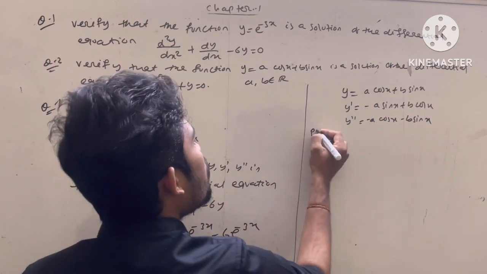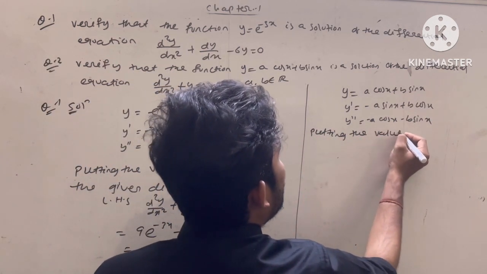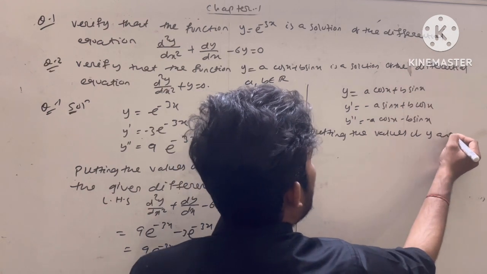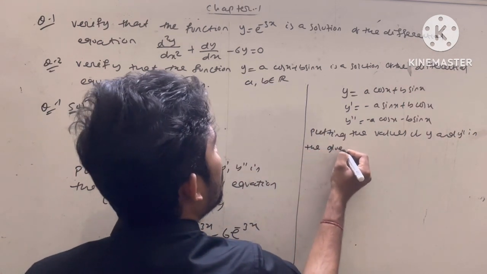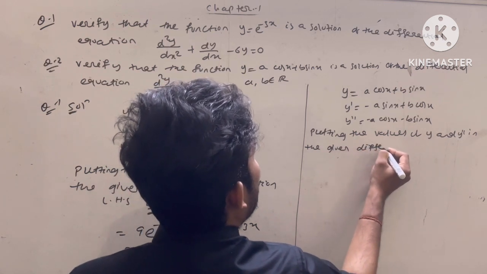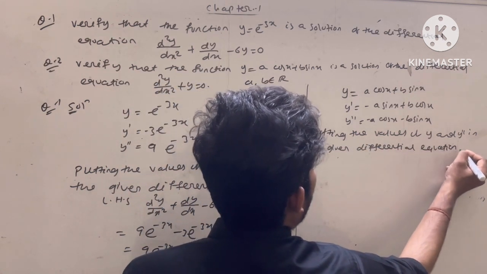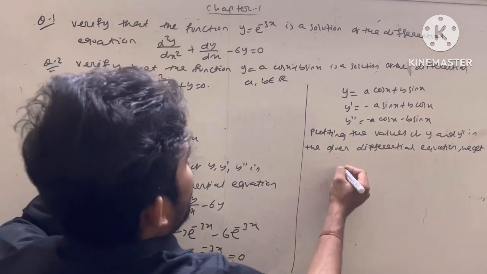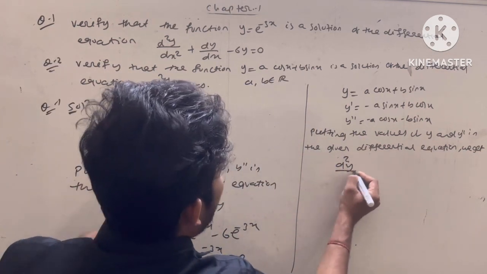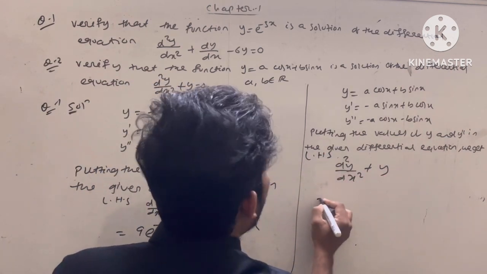So putting the values of y and y double dash in the given differential equation we get, what do you get? You got d square y by dx square, this is LHS, plus y, and what do you get?